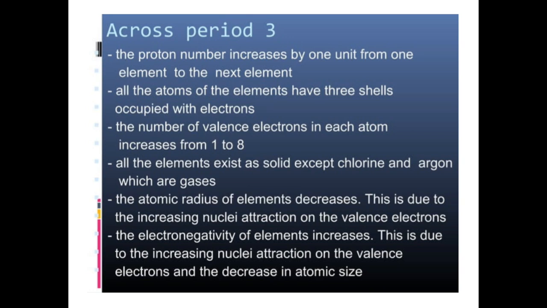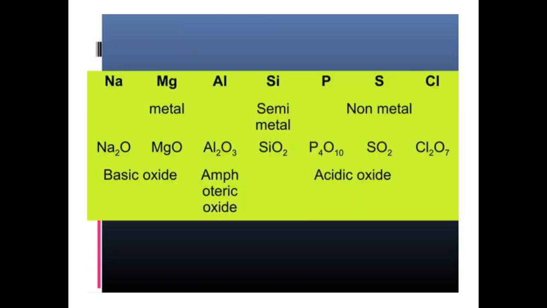The atomic radius decreases. This is due to increasing nuclear attraction on the valence electrons. The electronegativity of the elements increases. This is due to increasing nuclear attraction on the valence electrons and the decrease in atomic size. So this is a summary of what we have said so far.